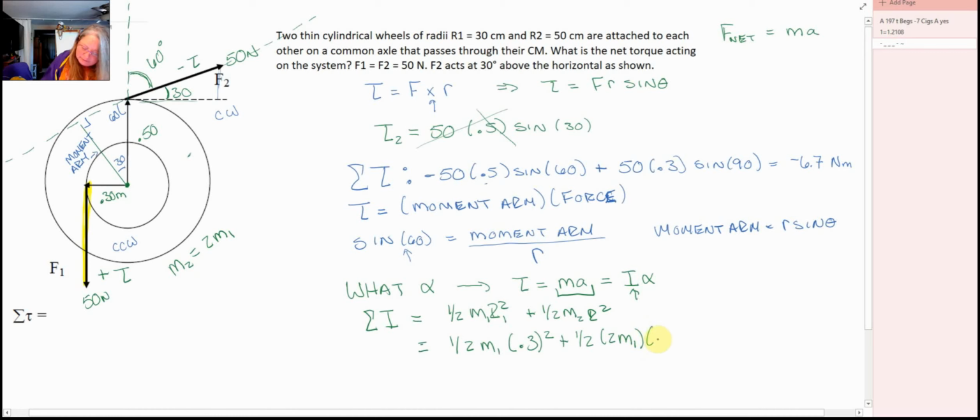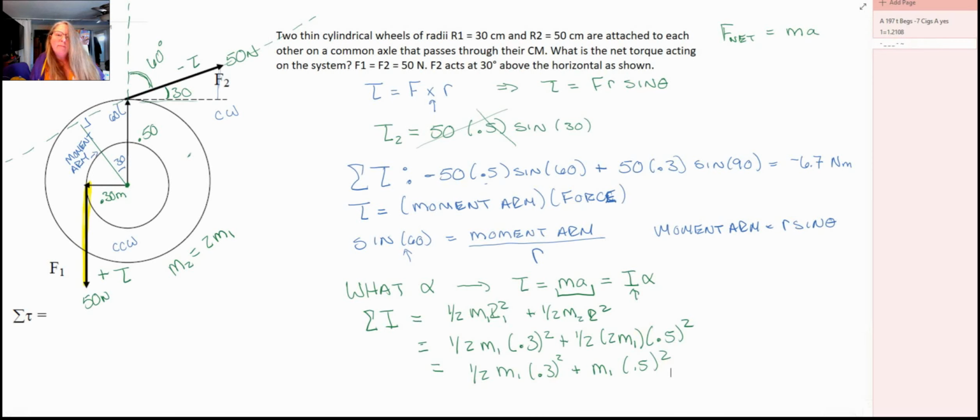Times 0.5 squared. And in the end, let's simplify it. So 1/2 m1 0.3 squared plus m1 0.5 squared. Sweet.